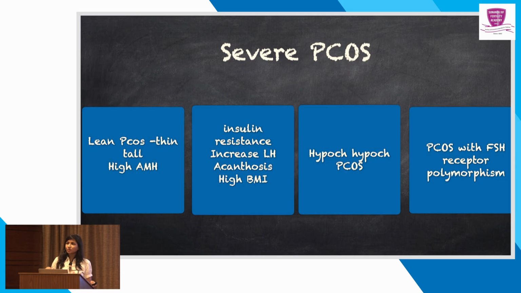Then there are PCOS girls who have hypogonadotropic hypogonadism. So whenever you are asking them to get the blood test for a fertility evaluation, it is a must to have baseline FSH and LH level, because hypogonadotropic hypogonadism people can have different scenarios. They can present with low AMH, normal AMH, they can also present with PCOS. So there could be a category of hypo PCOS, and there could be a PCOS group having FSH receptor polymorphism.